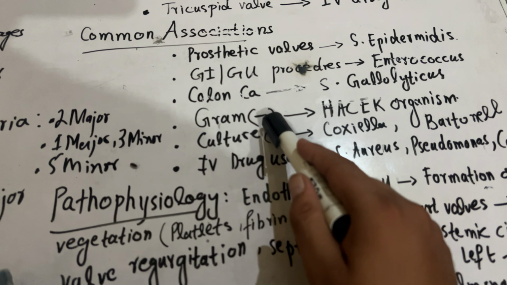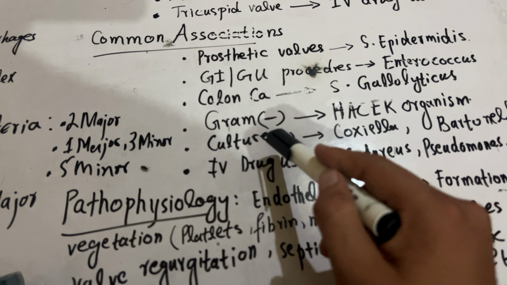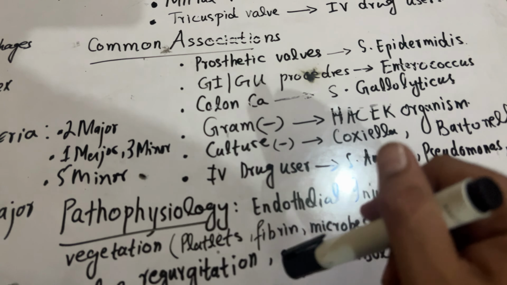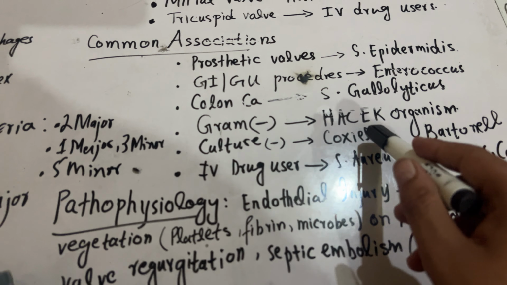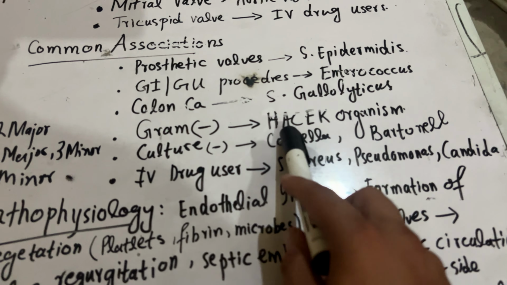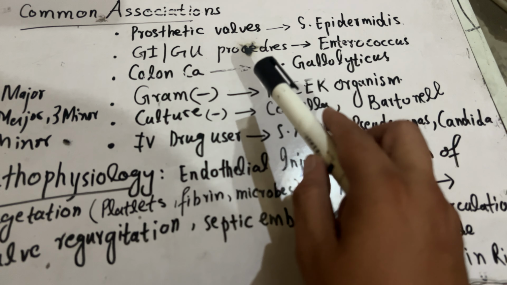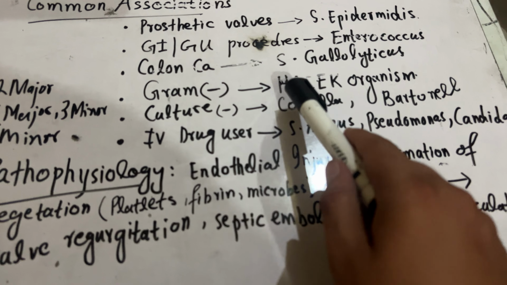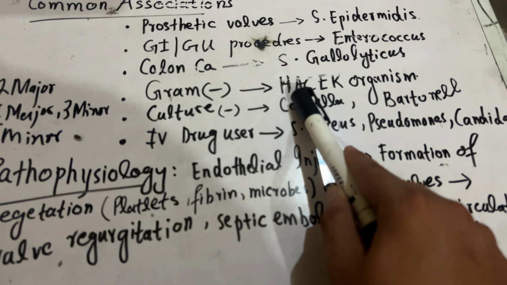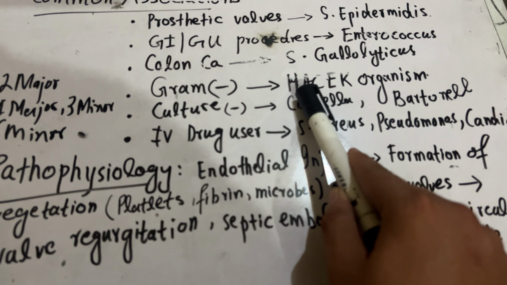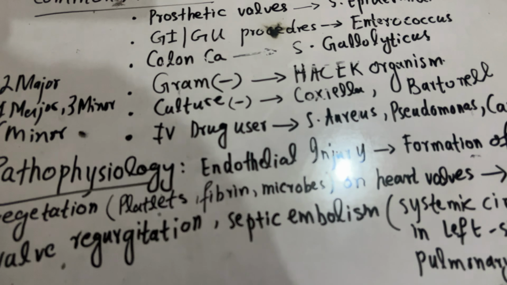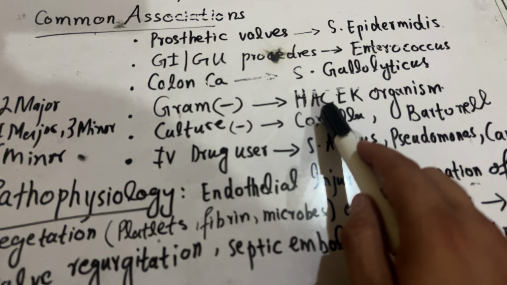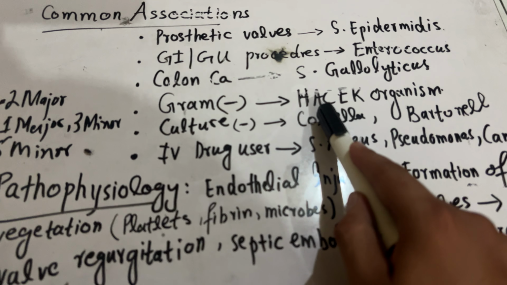The gram-negative organisms which can cause infective endocarditis are the HACEK group of organisms. H for Haemophilus bacteria. A for Aggregatibacter, also known as Actinobacillus.